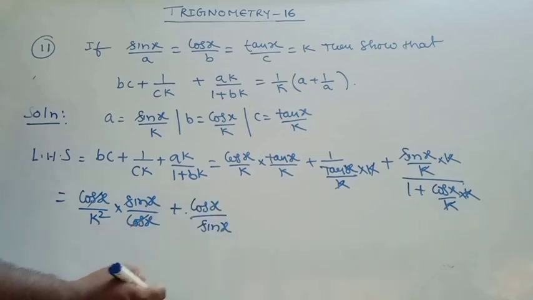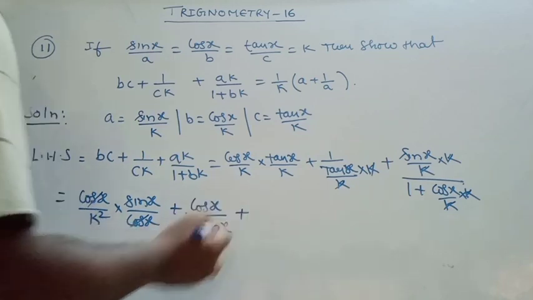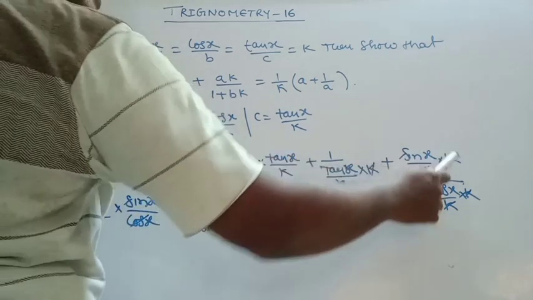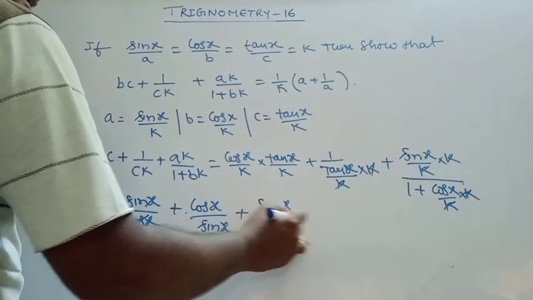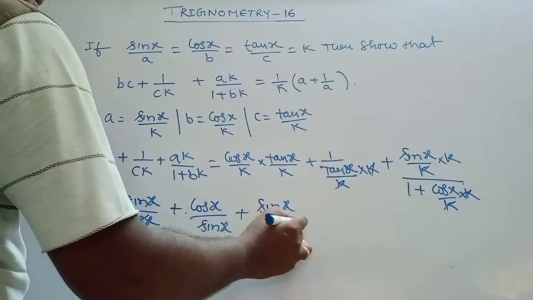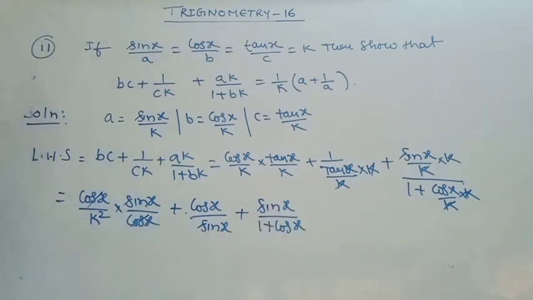Next, plus this k cancelled here, sin x by 1 plus cos x. Now this is 1 by k square into, right? You have got like this.